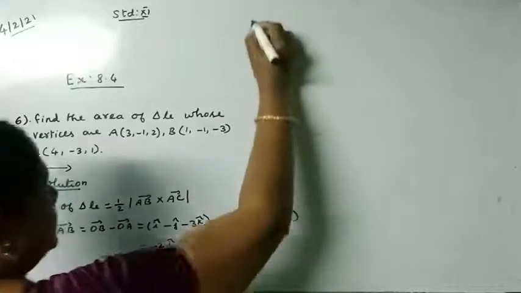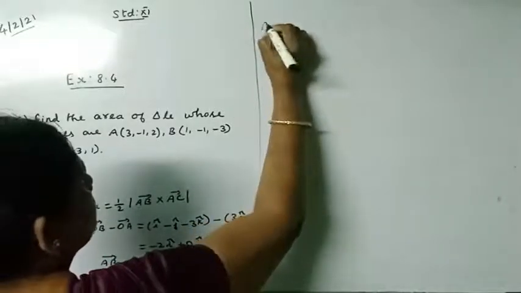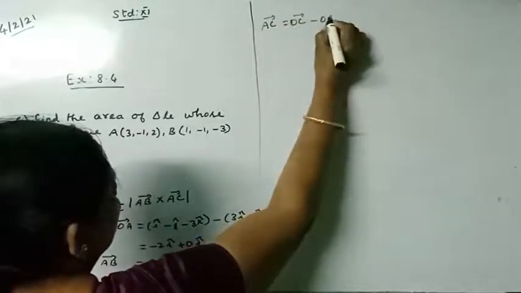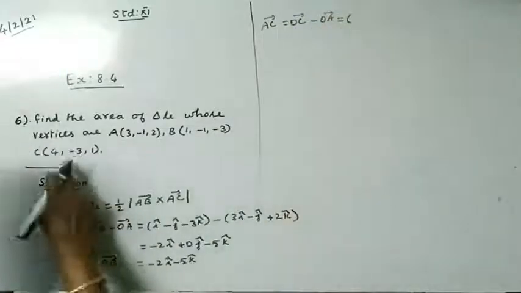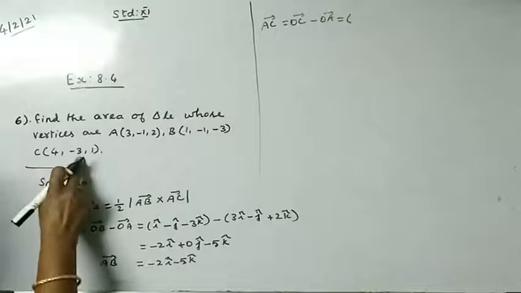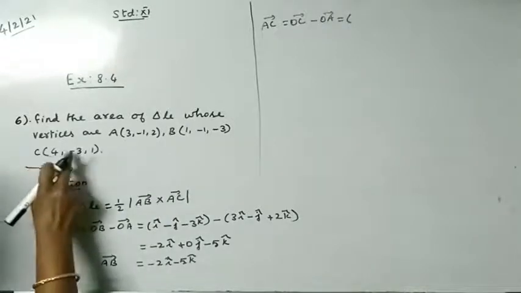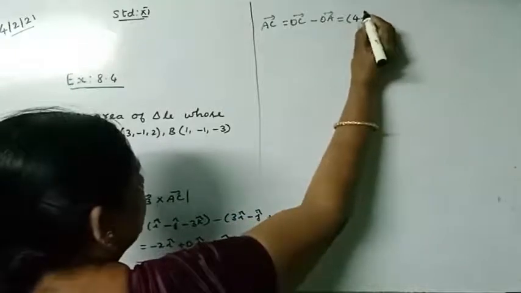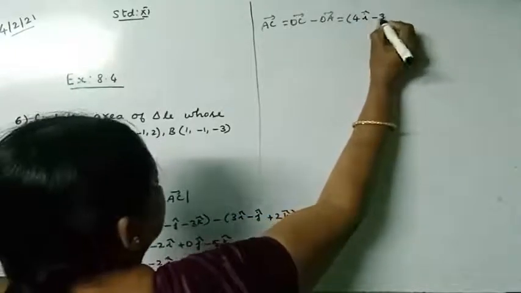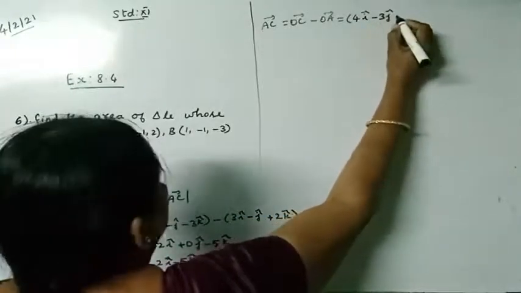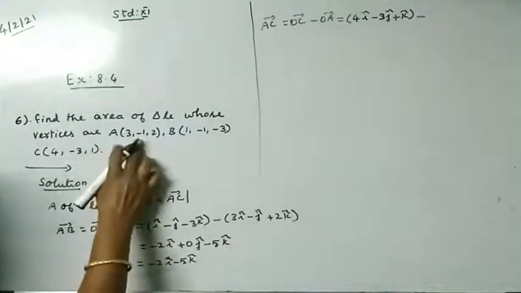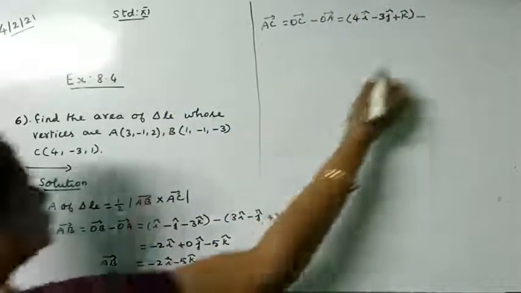And then find the AC vector. AC vector is equal to OC vector minus OA vector, which is equal to, OC vector is here 4 comma minus 3 comma 1. This can be written as 4i vector minus 3j vector plus k vector. So 4i cap minus 3j cap plus k cap minus OA vector, which is here 3, minus 1, 2, i j k; substitute it.